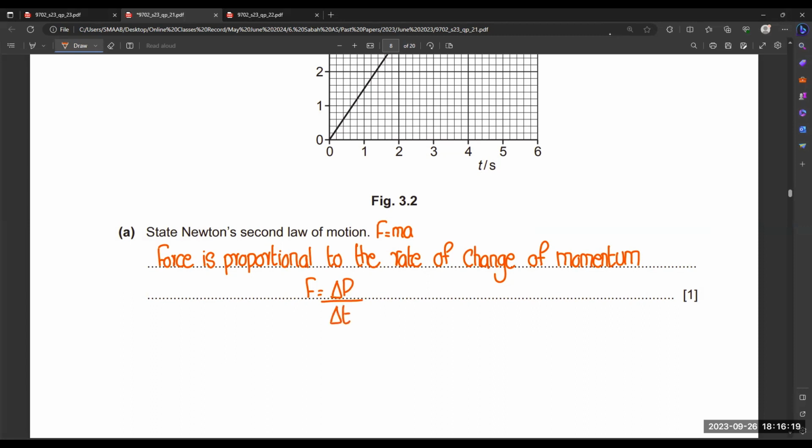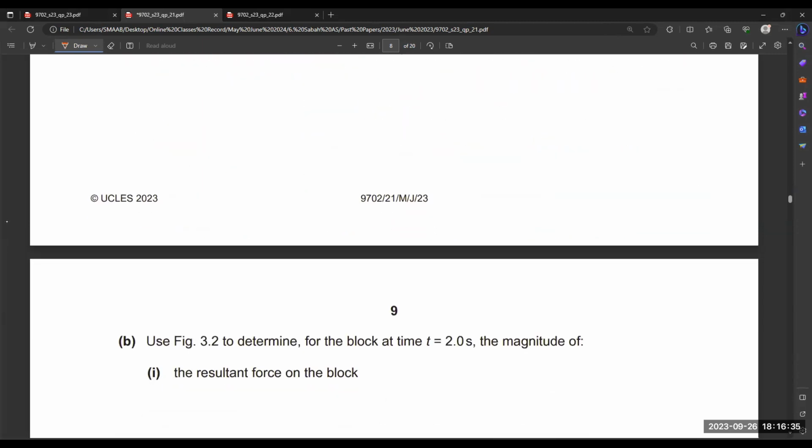One possibility is to write the rate of change of momentum, or the second one is that we can simply explain that force is directly proportional to acceleration and the direction will be in the same direction as the force. So these are two concepts. It's up to you.